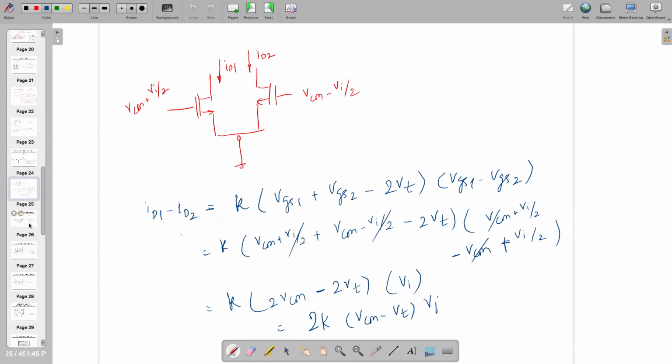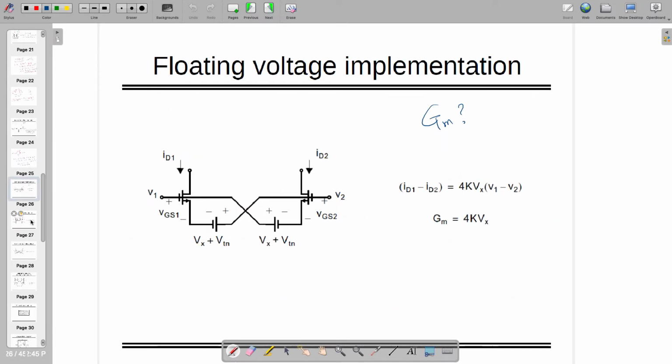So I'm finding out some more technique which is going to give me a linear relation. I'm adding some cross coupled thing where one is Vx plus Vtn, and the other is Vx minus Vx plus Vtn. So in that case, can you find out the relation? For your information, ID1 minus ID2, for any transistor, you are going to get K times (VGS1 plus VGS2 minus 2VT) times (VGS1 minus VGS2).